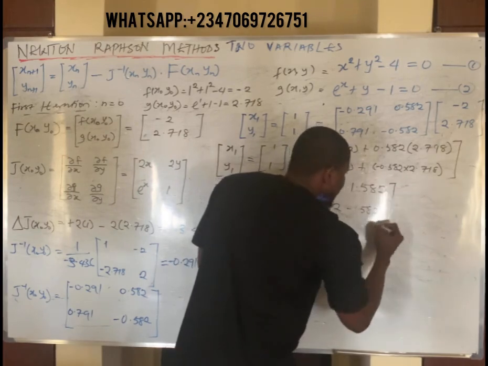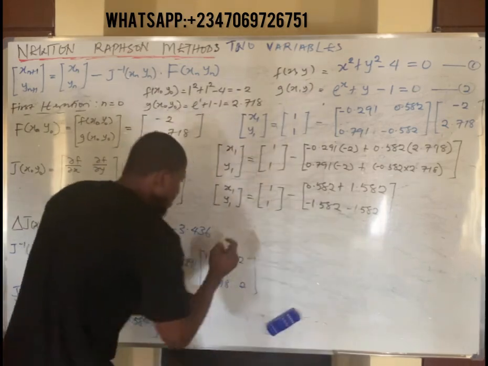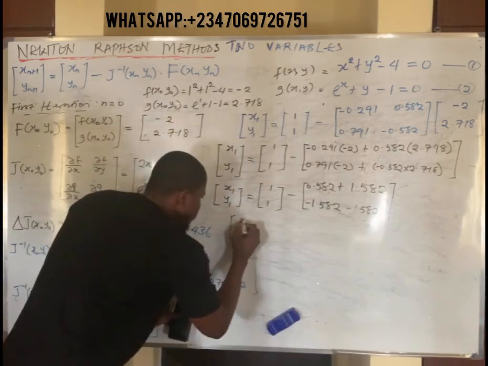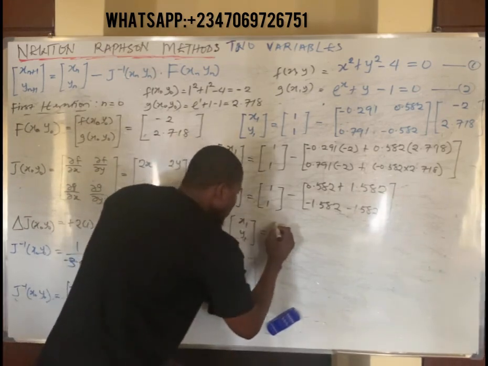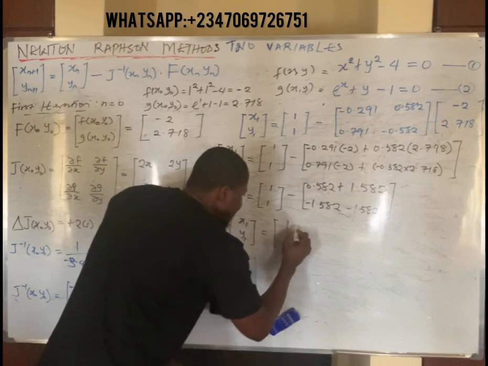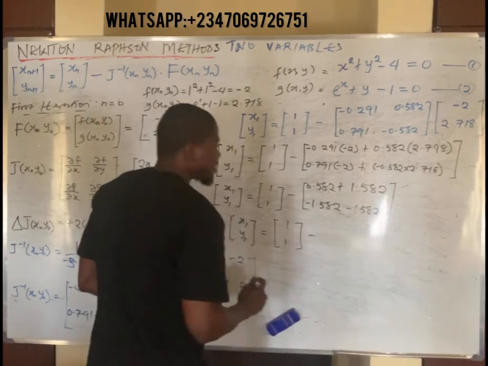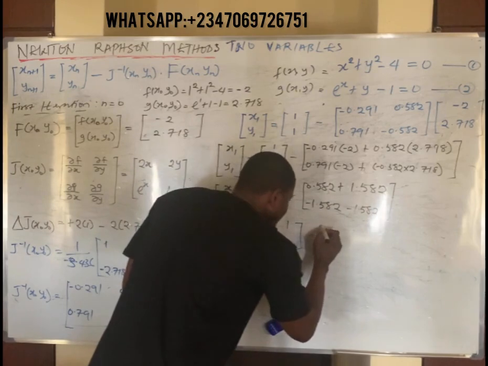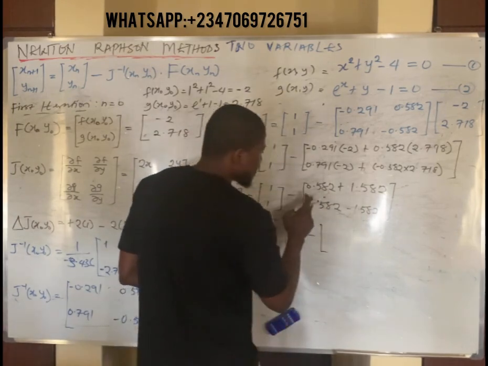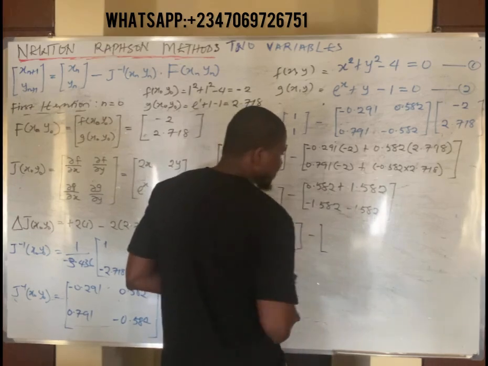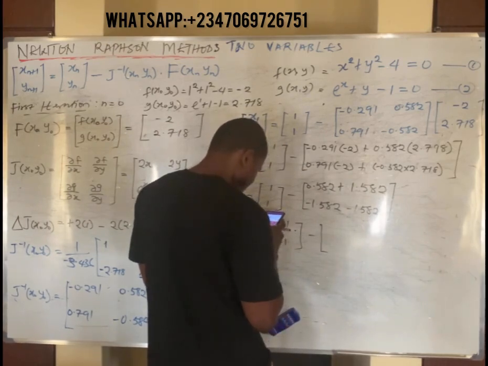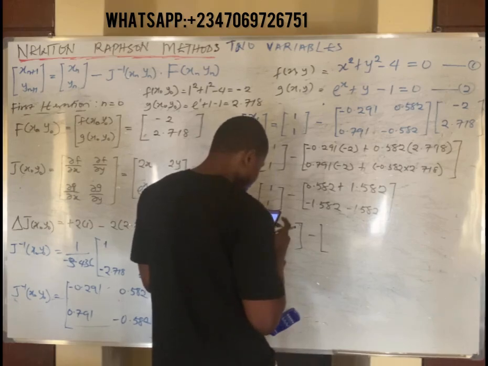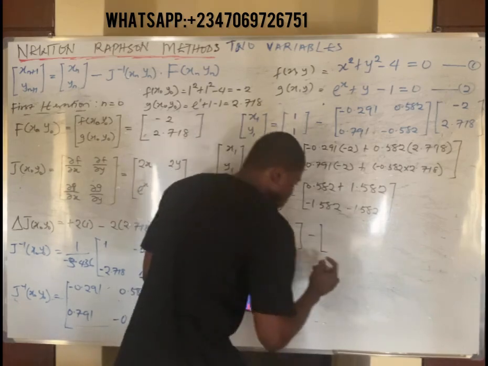So x1, y1 is equal to 1 1 minus, so let's evaluate this matrix now. This gives me 0.582 plus 1.582. That simply gives me 2.164.